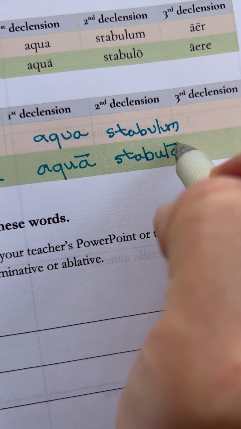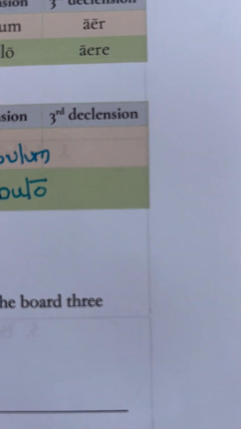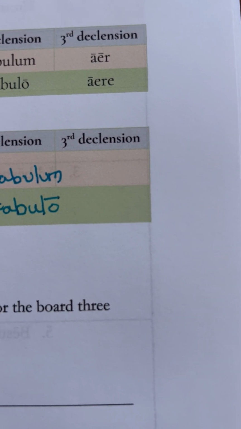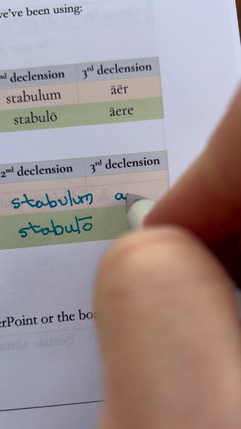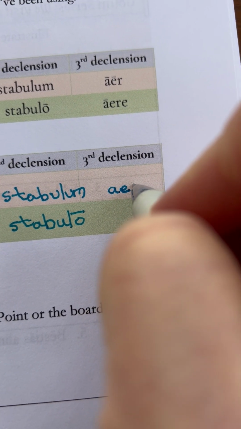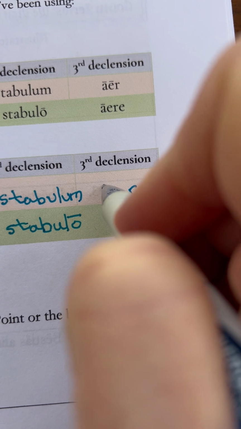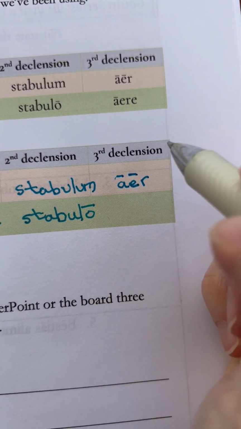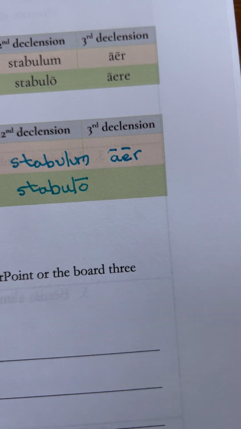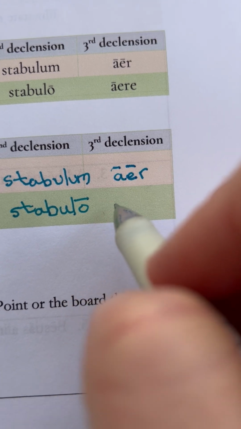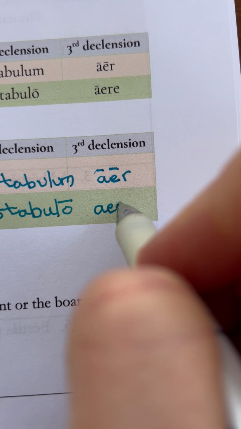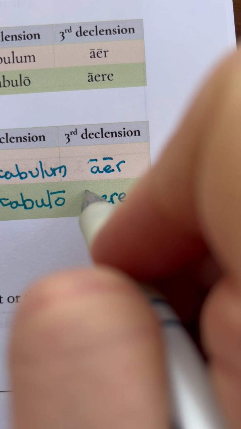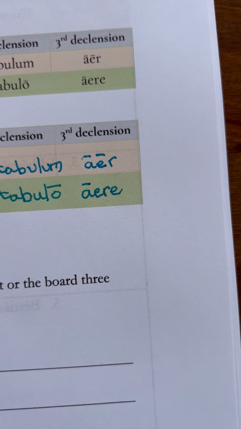S-T-A-B-U-L-O with the macron. Okay, finally, aer. A, E with the macron, and R. Both A and E get a macron in the nominative, and then in the ablative, aere only gets the macron on the first vowel.